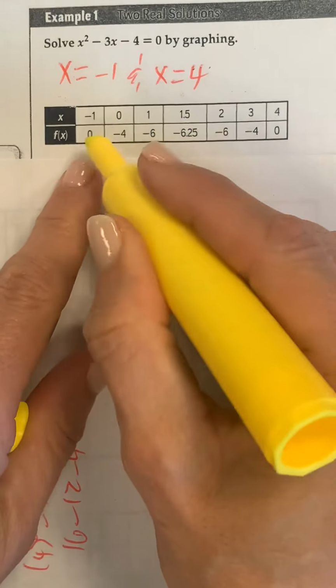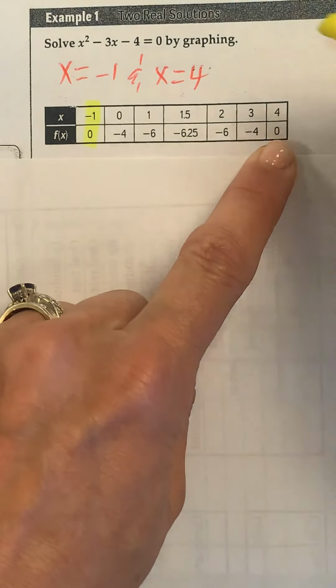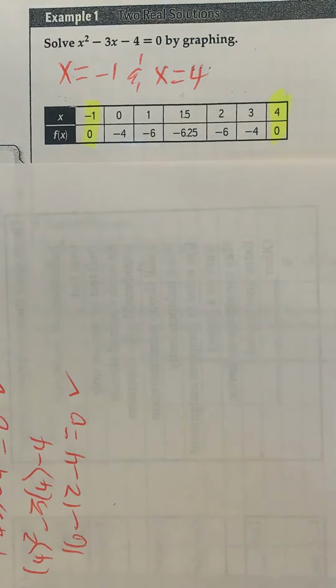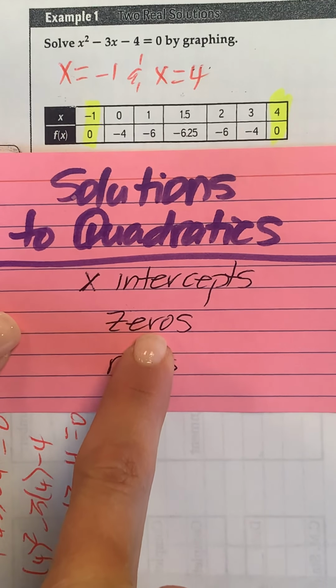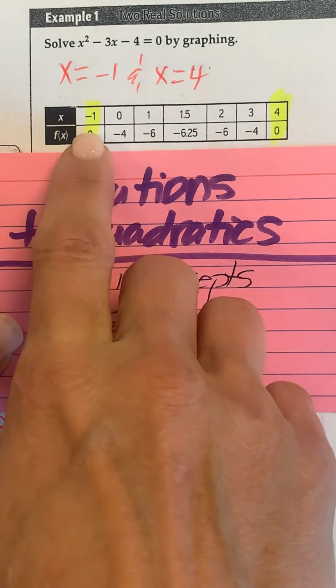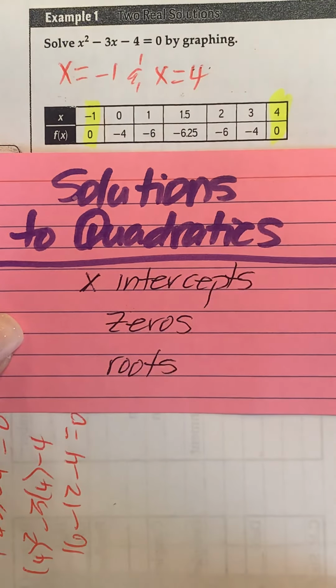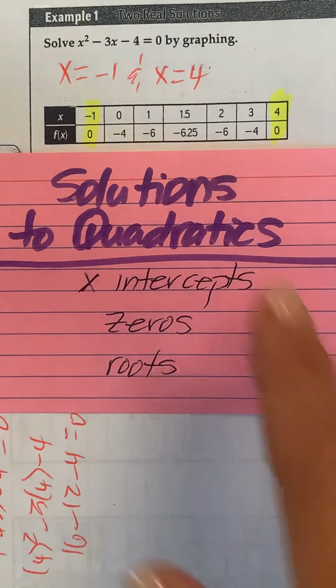So where y is 0, you can see x is equal to -1, and another 0 of the function, or where y is 0, x is equal to 4. Okay, and that's why these are called zeros of the function. When I solve it, x equals -1 and x is equal to 4. So that would be 2 solutions.